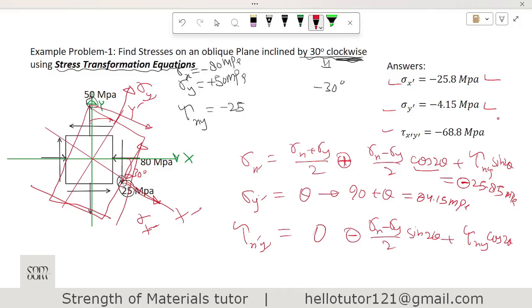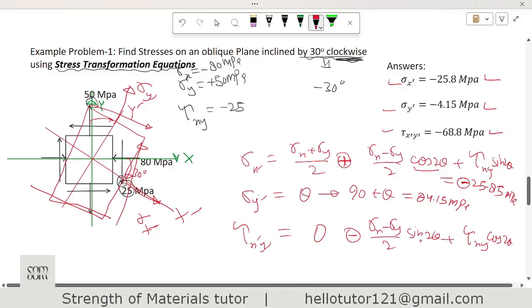So it is minus 68.79, which is minus 68.8 megapascal, which is right. So we got the correct answer. Now let us see what this means. Negative means it is opposite.